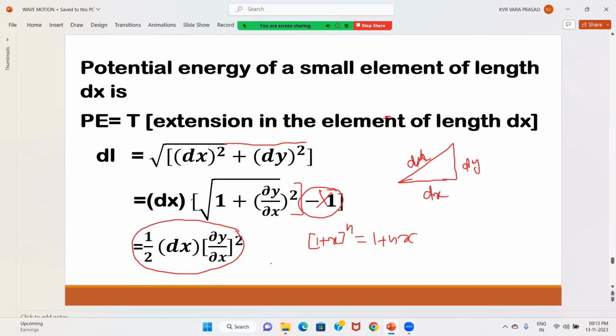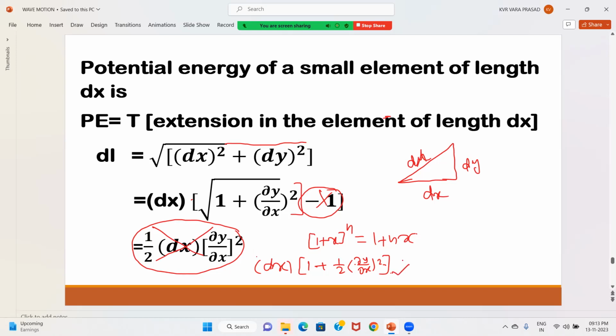I will write here once again: dx into (1 plus half into (dou y by dou x) whole square). Okay, that is now the expression. So the earlier one is not correct. Okay, that is the next step.